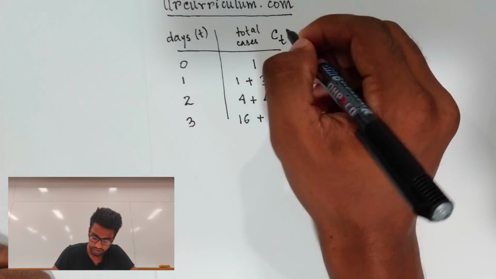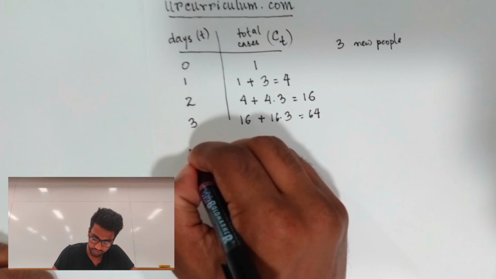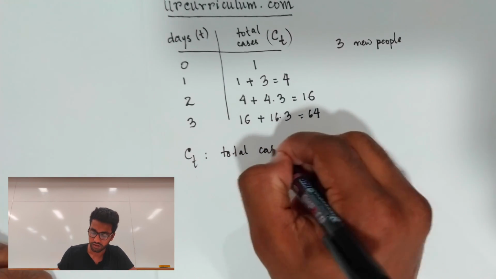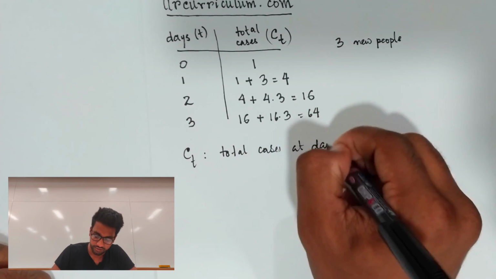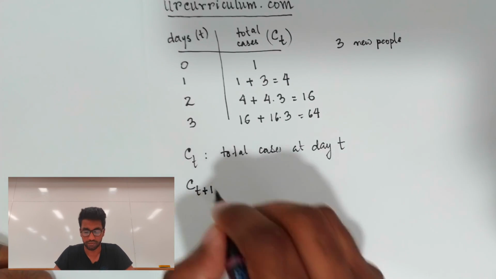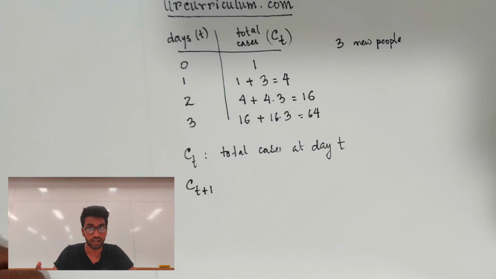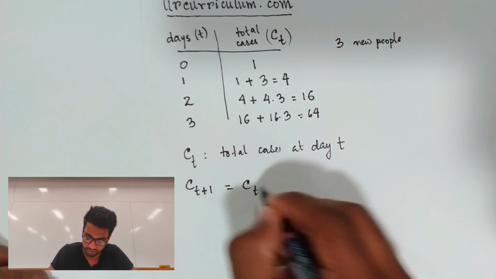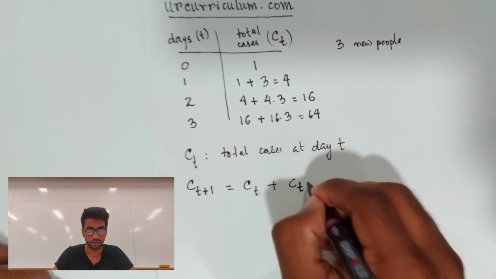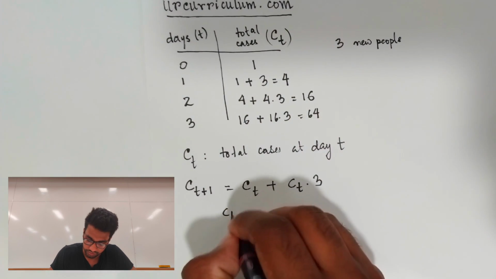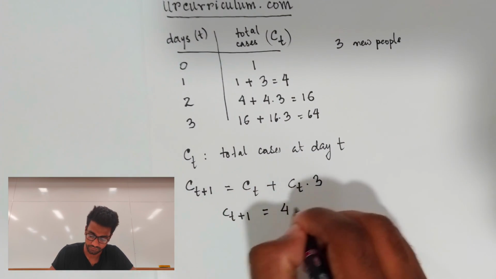So CT is the total cases at day T. And now what we see is that CT plus 1, which is total cases at day T plus 1, is the number of people who already were infected, which is CT, plus the number of people they meet, which is CT into 3, because each person meets 3 new people. And this makes CT plus 1 just 4 into CT.